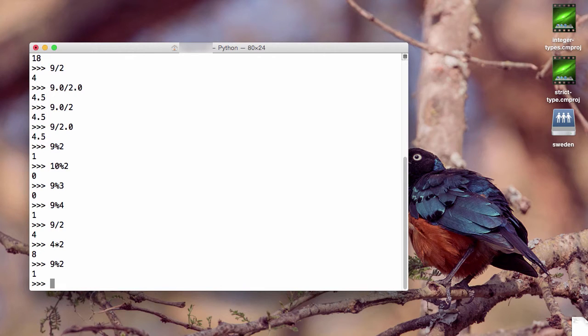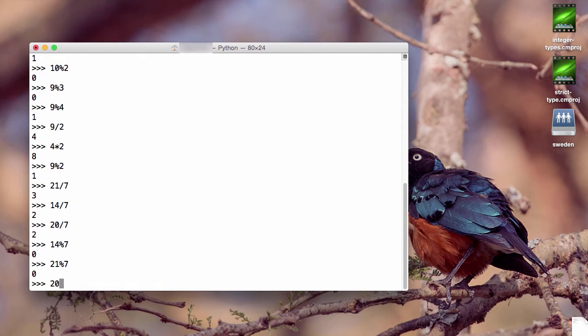So what's the percent sign do? Let's look at this again. If we do 21 divided by 7, we get 3. If we do 14 divided by 7, we get 2. But if we do 20 divided by 7, we also get 2. If we do 14 % sign 7, we get 0. If we do 21 % sign 7, we get 0.